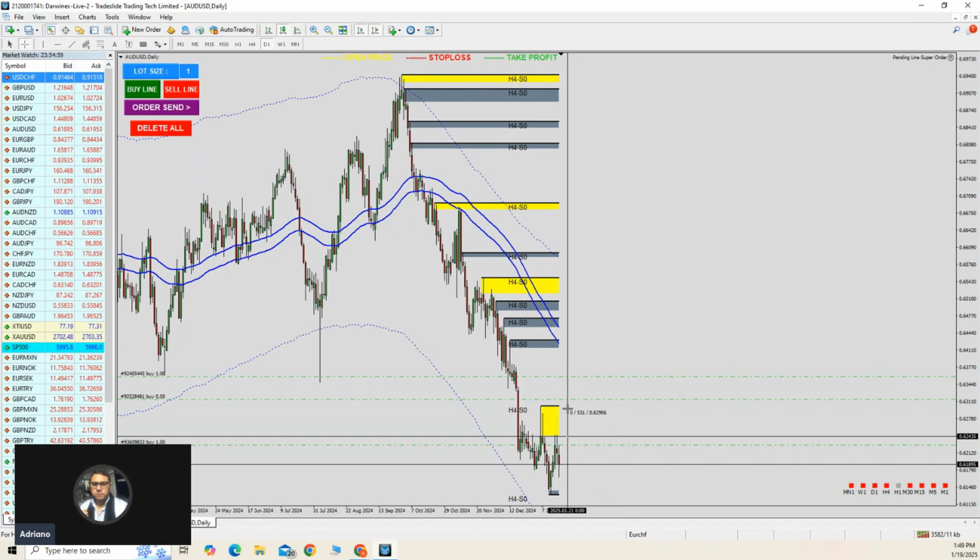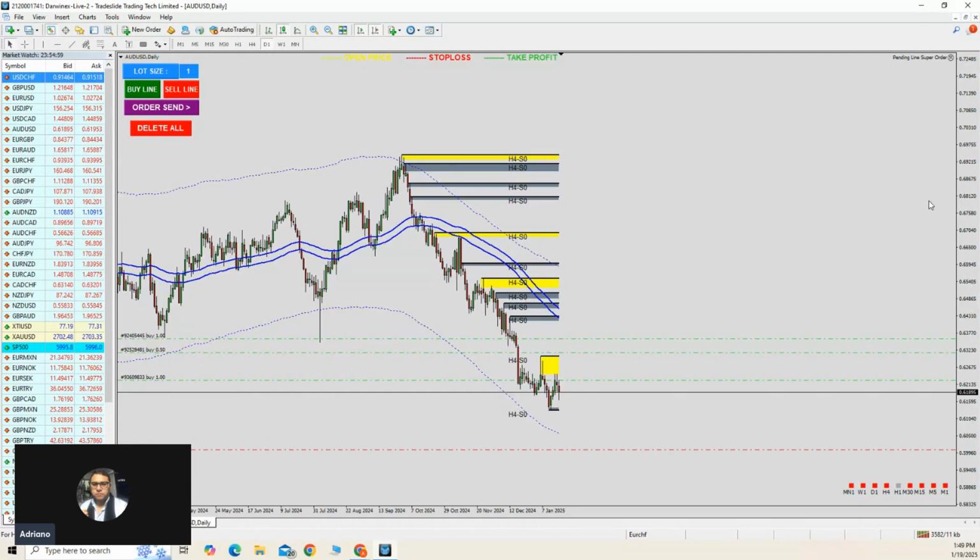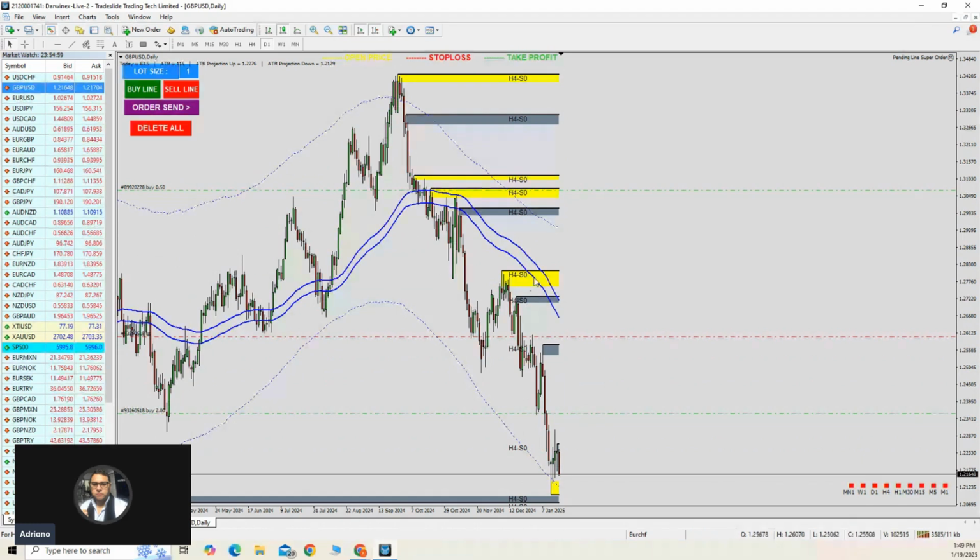If you are in this trade, what you can do is put the stop loss on break even and wait. And wait. Let's move this to GBP USD.